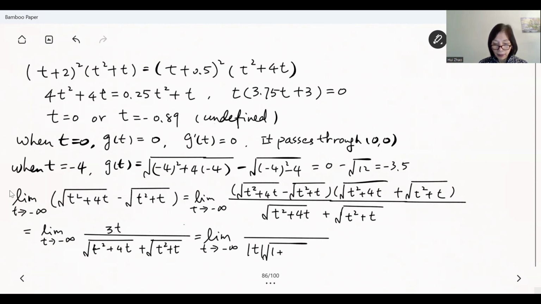So it's the square root of 1 plus 4 over t, plus the square root of 1 plus 1 over t. Okay, it's 3t. And then here the t is negative, then cross t.